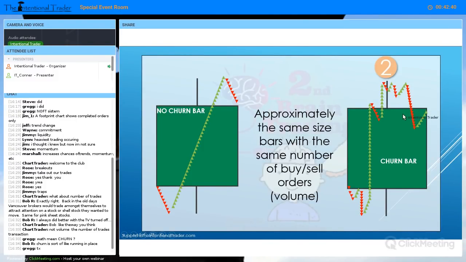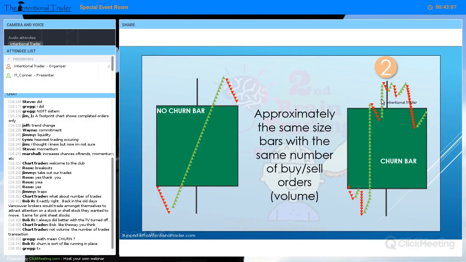Now, when we have this churning action and we know that the buyers have been buying, what happens when buyers just continually buy and buy and buy and buy? What happens? They get exhausted, right? We start running out of buyers. And the sellers now see an opportunity.